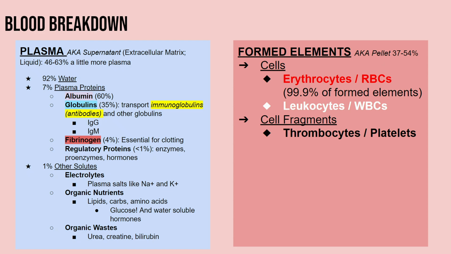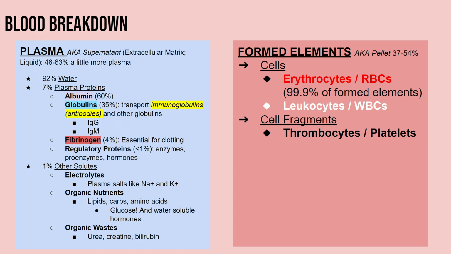So that's like sodium. You can remember that's important for neurotransmission, like depolarization, repolarization. Organic nutrients, lipids, carbs, amino acids that make up your cells, and also like indigestion. And then organic wastes, urea, creatine, and bilirubin.